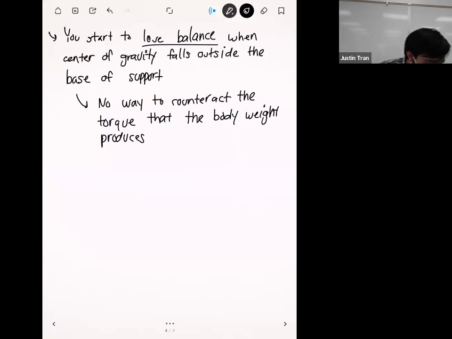And so visually, it looks something like this. Let's say, and I'm going to exaggerate this just to make it a little bit easier.